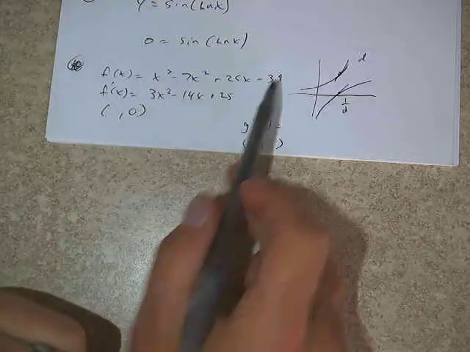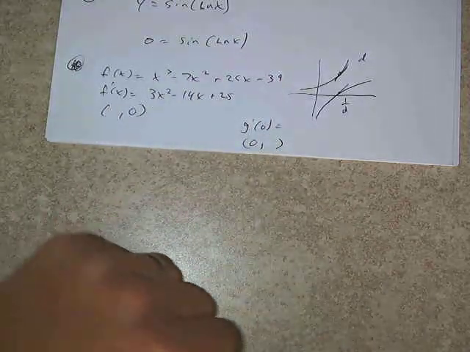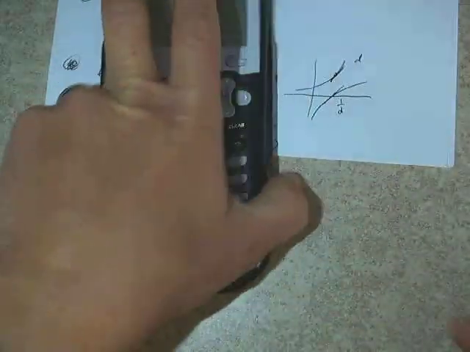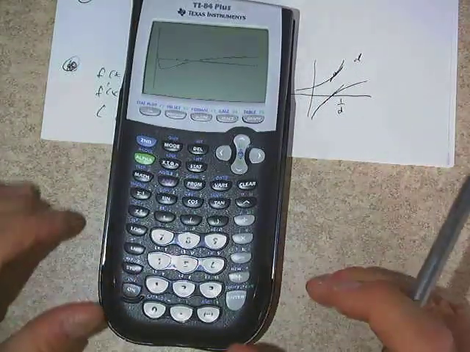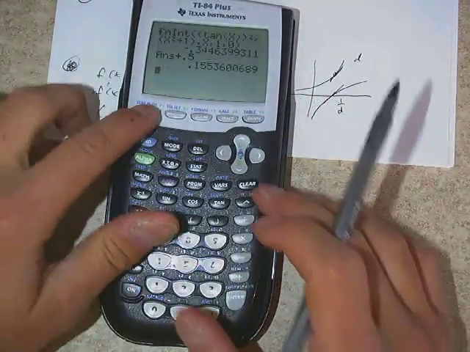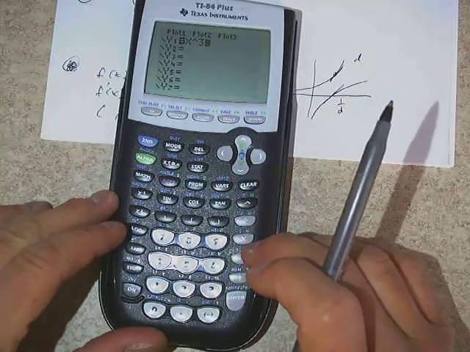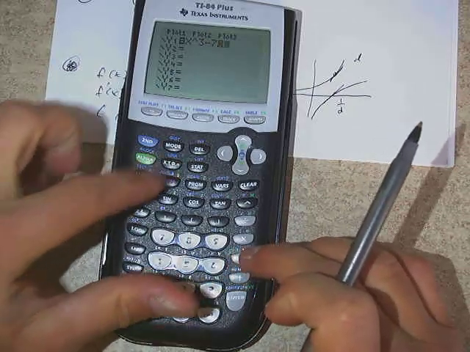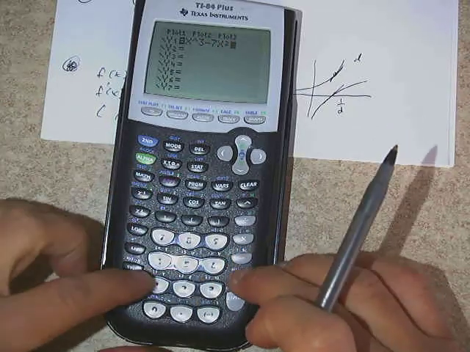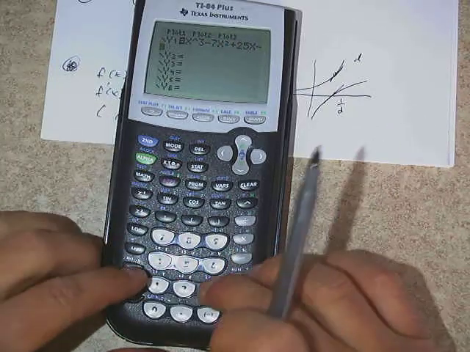If 0 something is on the g function, then something 0 is the point in question on the f function. So we need to find that x value first, because that x value here is going to be the y value there.